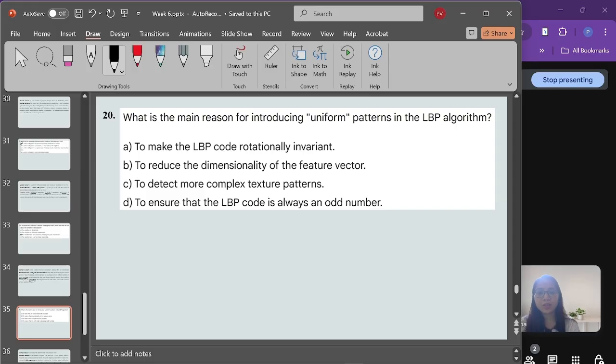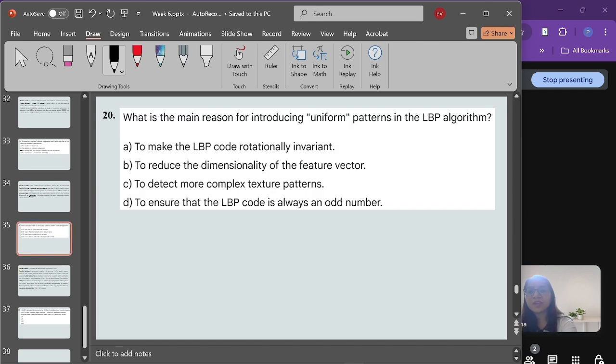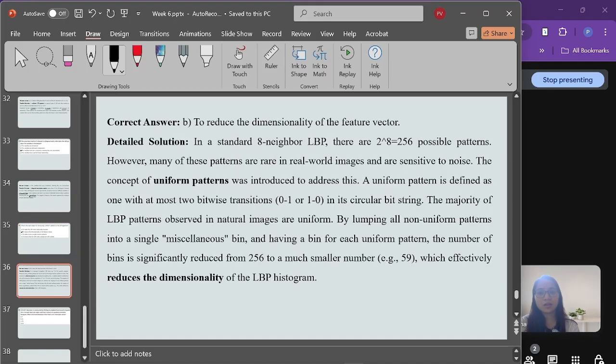Let's see the detailed solution. To reduce the dimensionality of the feature vector. Option B is the correct answer.